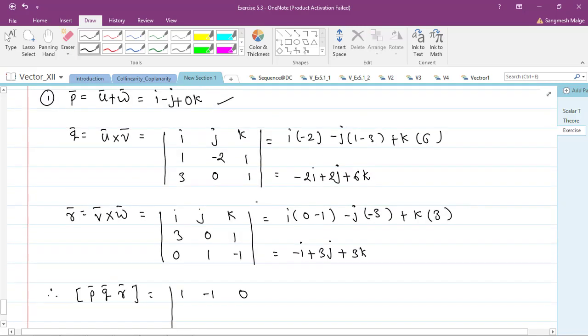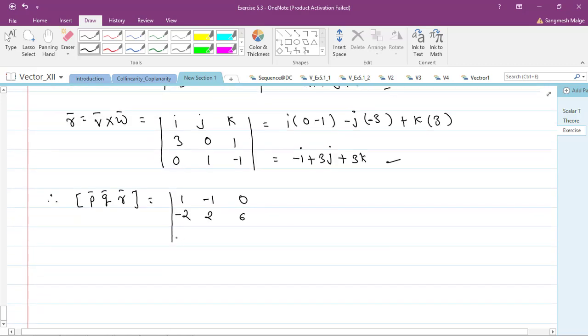What is q bar? We have to consider in this order only, p, q and r. You cannot interchange this order, because interchanging the order will definitely give you the negative sign. The q coefficients are minus 2, 2 and 6, and the r bar coefficients are minus 1, 3, 3.